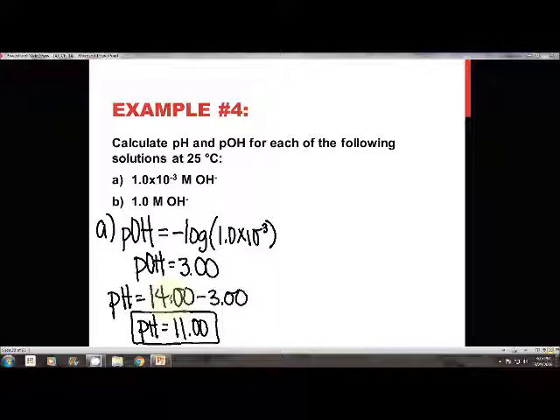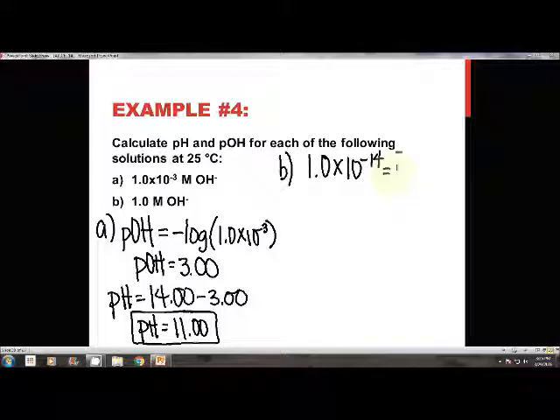So let's take a different route for B. Okay, so for B, we're starting out with 1 molar concentration OH. So instead of using the pOH equation, let's use our H plus times OH equals 1.0 times 10 to the negative 14, the equation we learned just on level 62.